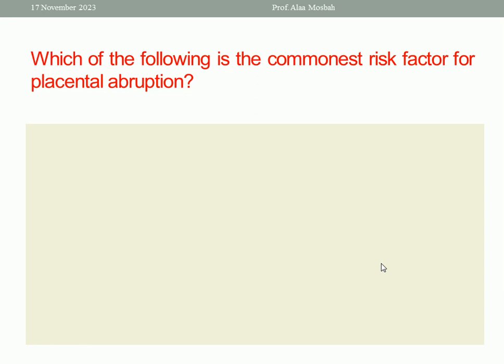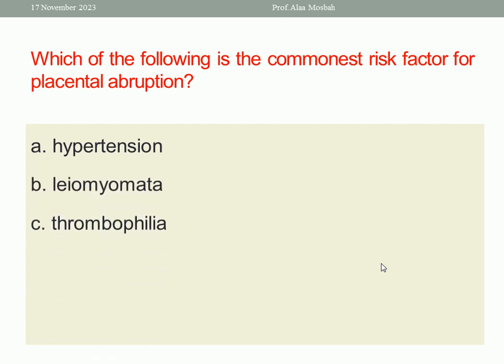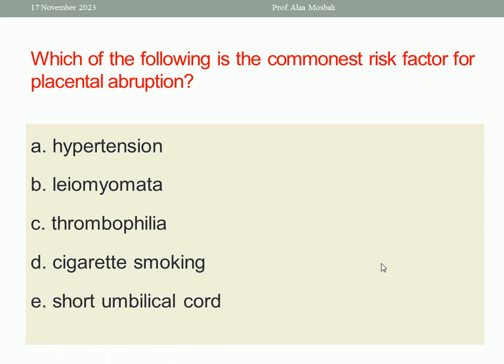Which of the following is the commonest risk factor for placental abruption? A. Hypertension. B. Leiomyomata. C. Thrombophilia. D. Cigarette smoking. E. Short umbilical cord.